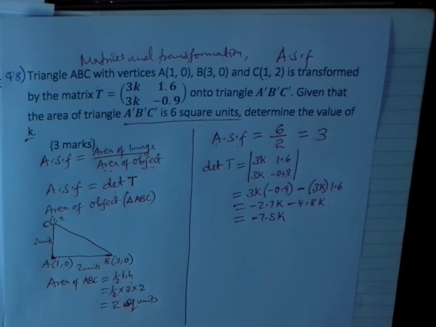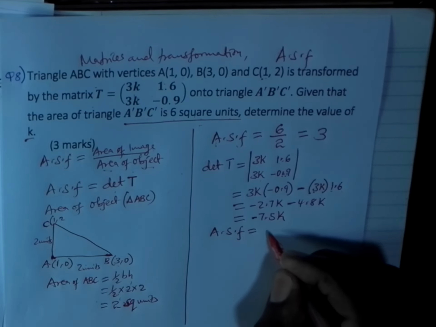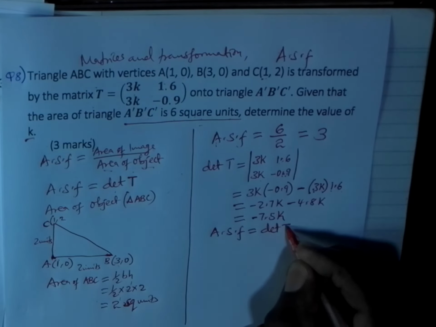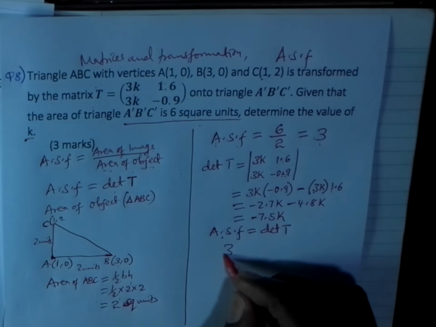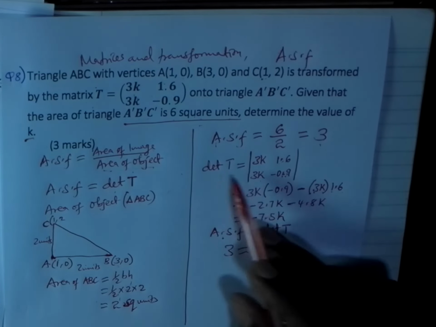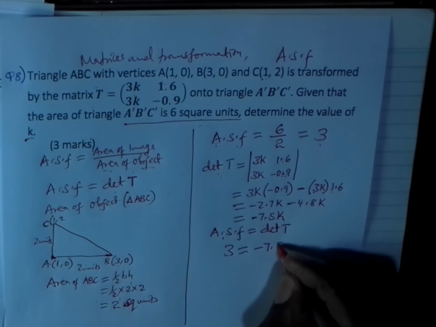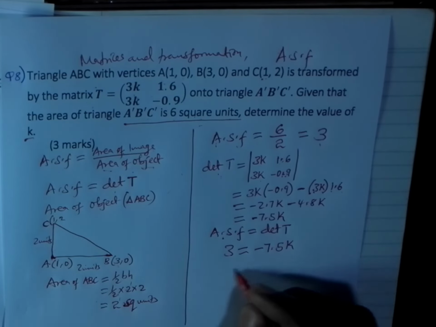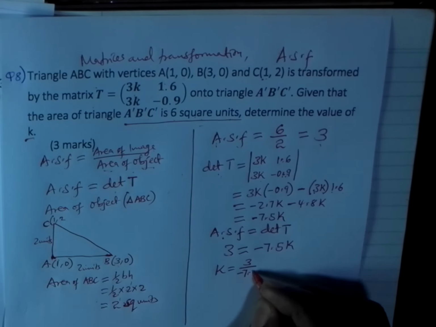7.5k. Now we know that the area scale factor is equal to the determinant of the transformation matrix T. So the area scale factor is 3, and the determinant of the transformation matrix is minus 7.5k. So k will be equal to 3 over minus 7.5.